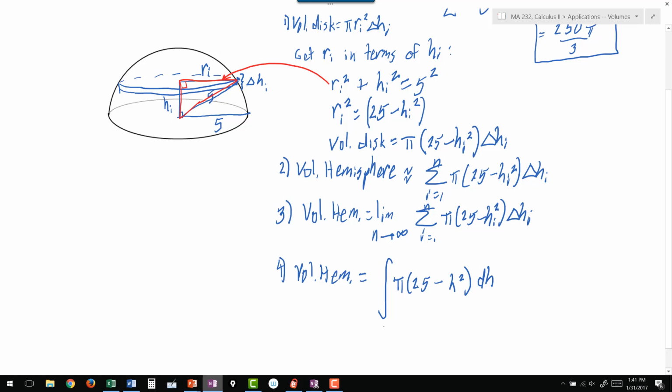I need to determine the limits of integration. The smallest h_i could be would be if the slice was sitting on the bottom of the hemisphere. That would be a value for h of 0. And then the biggest h could be is if the slice was at the very top of the hemisphere, and that would represent an h of 5.